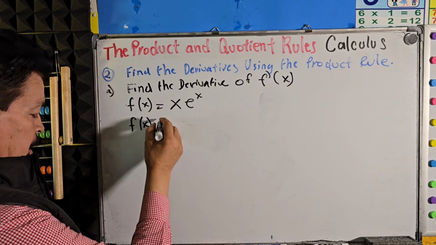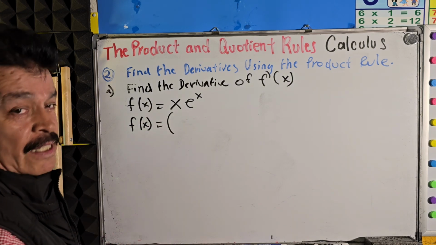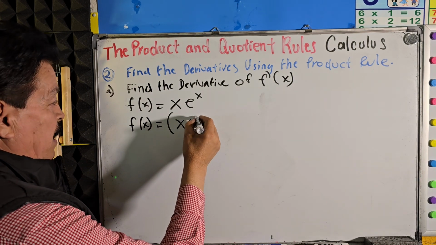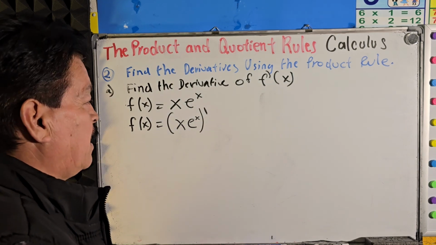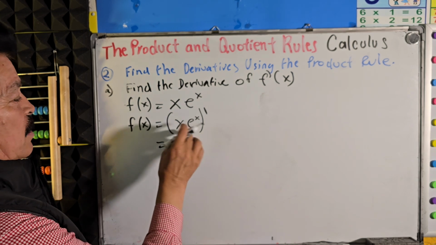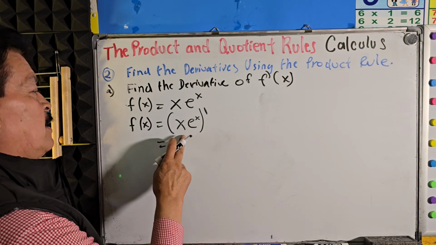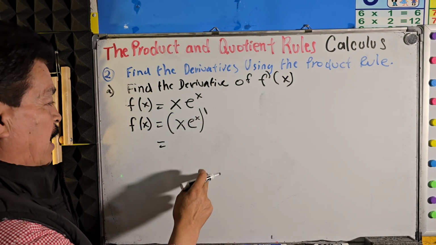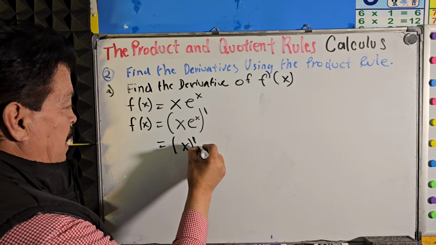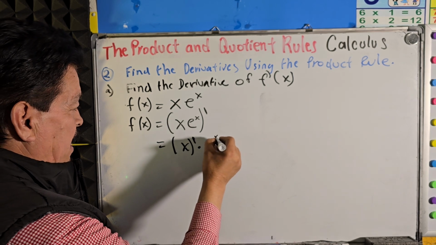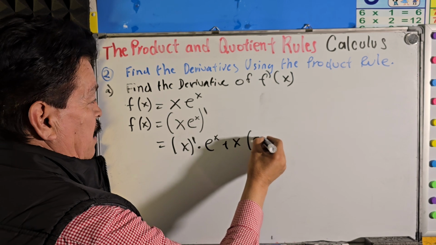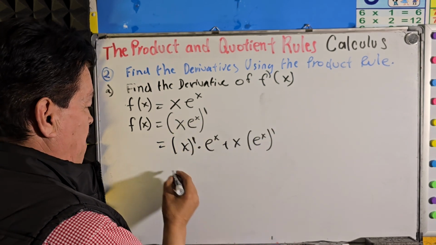So now f of x equals, in parentheses, x e to the x power, prime. Remember, first step, just divide into two functions here. One is x and the other one is e to the x power. So we have to write x prime times e to the x plus x times e to the x power prime.